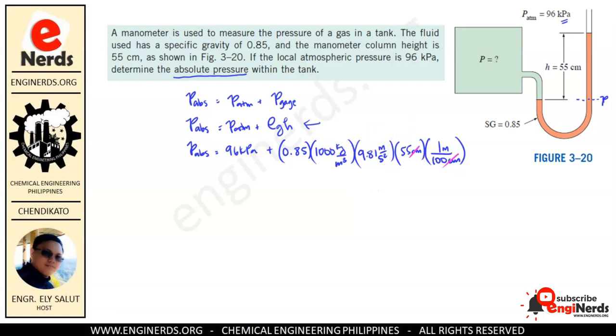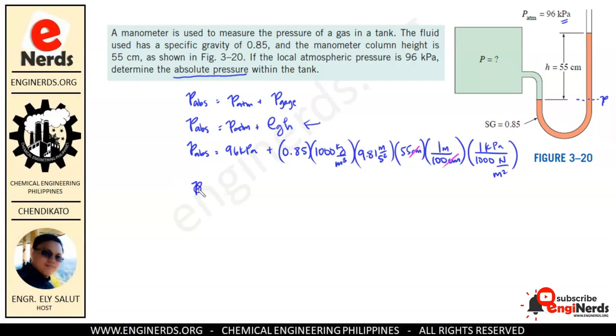So, okay, let us do that. We have 1 kilopascal is equal to 1000 Newton per meter squared, or Pascal. So our answer here will be in kilopascal, and we are going to add this to our atmospheric pressure, which is also in kilopascal.